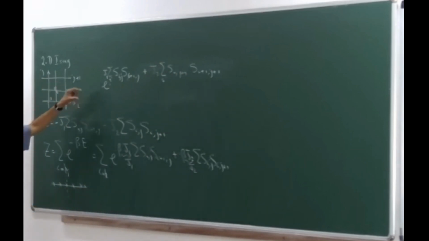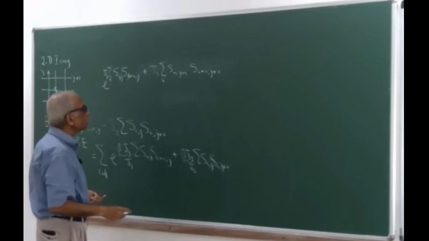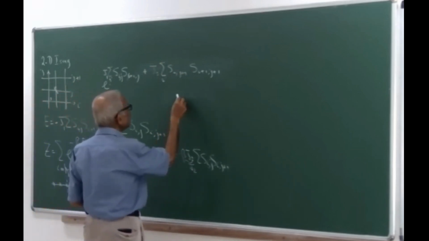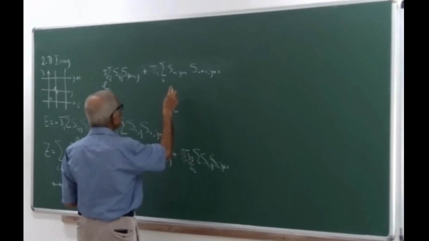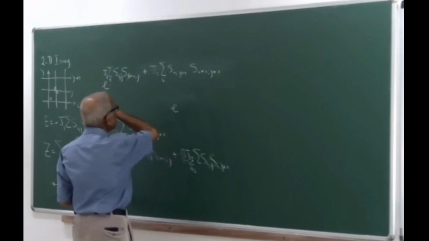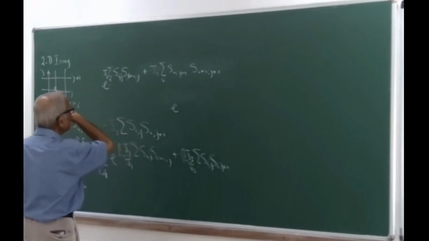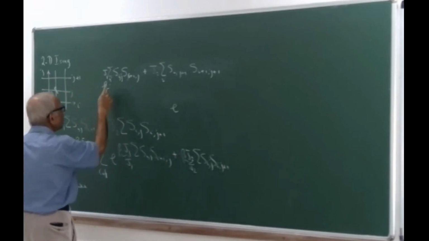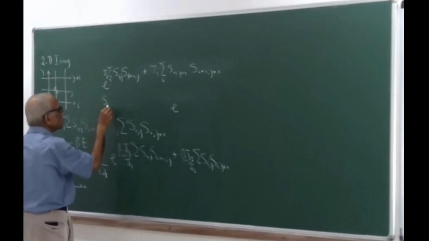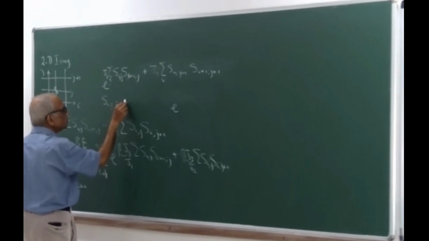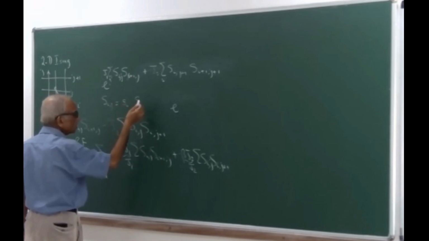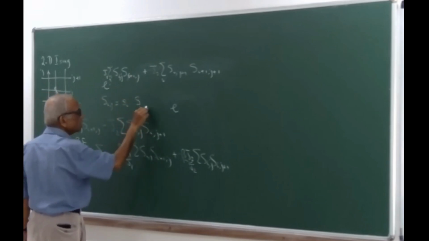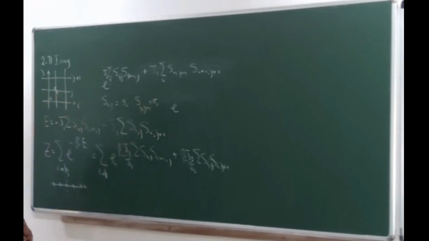So this is the part, and what we decided to do was write this as e to the power, and we decided to go with this notation: S_i on the jth row, S_ij is equal to S_i, and on the j plus 1th row, S_{ij+1} is sigma_i.